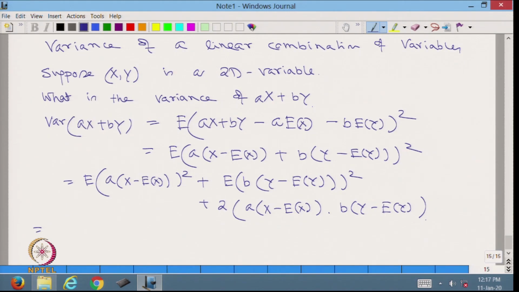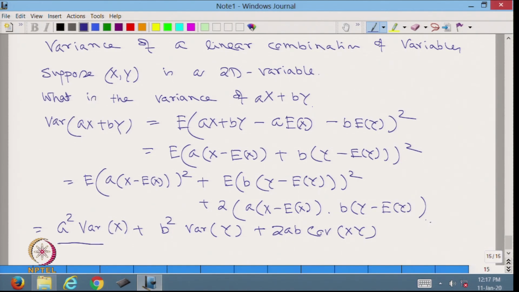which is very easy to understand, is going to be a square times variance of x plus b square times variance of y plus 2ab times covariance of x y, which is coming from here.